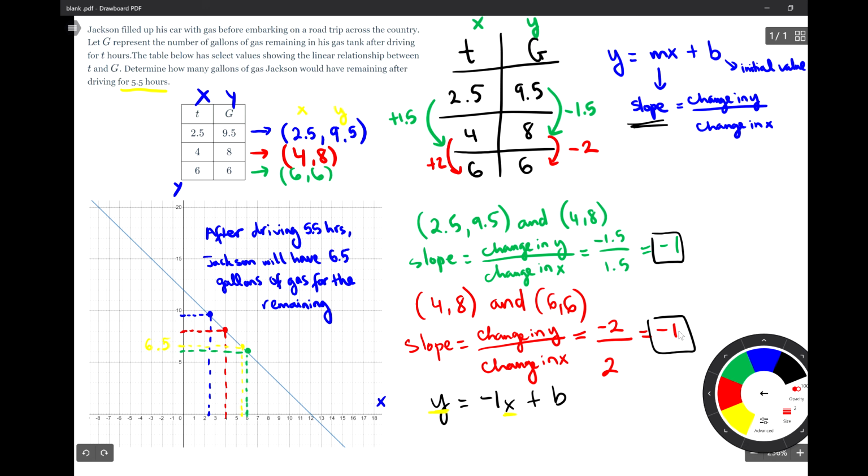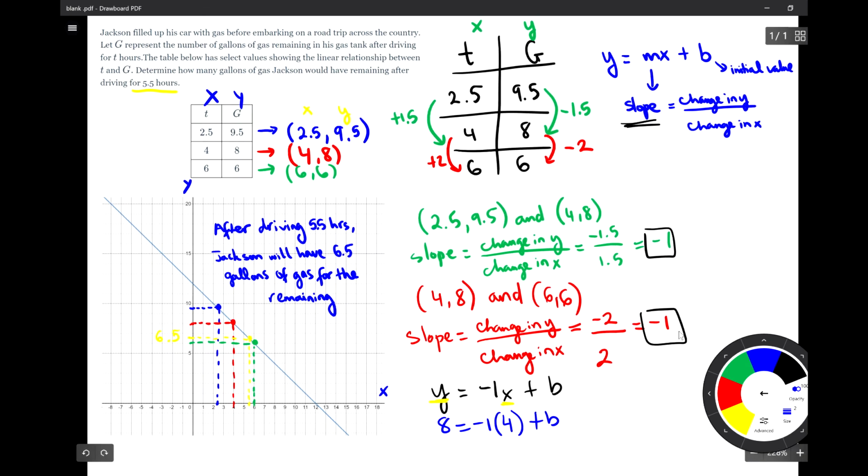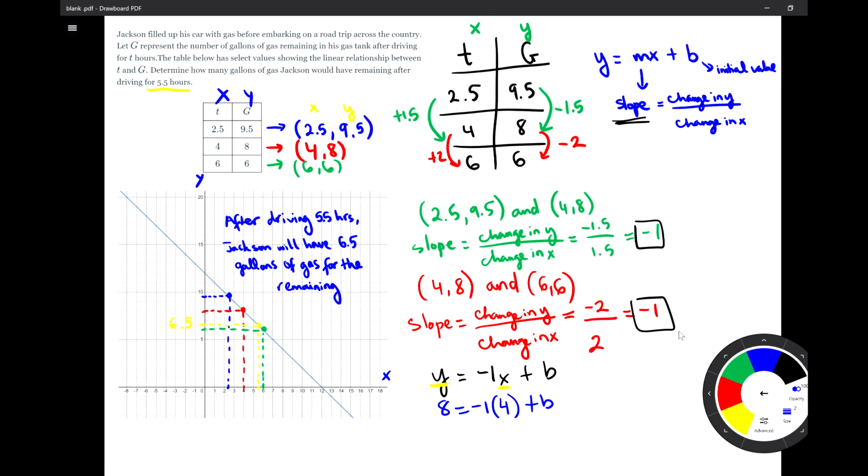So 8 equals negative 1 times my x, which is 4, plus b. And I have to solve for b from here. So I have 8 equals negative 4 plus b. In order to solve for b, I add 4 on both sides. And then my b equals 12. So b equals 12.